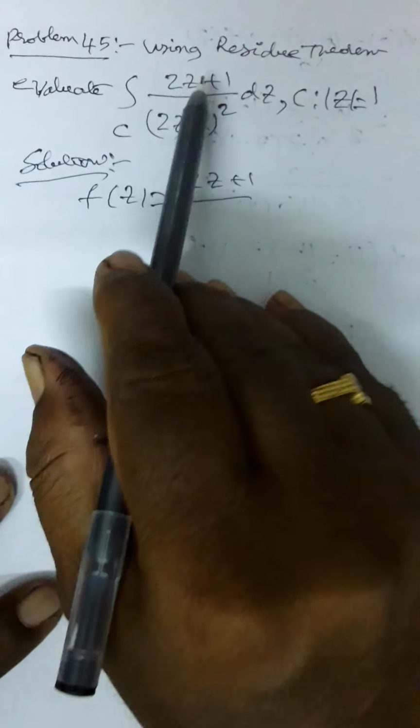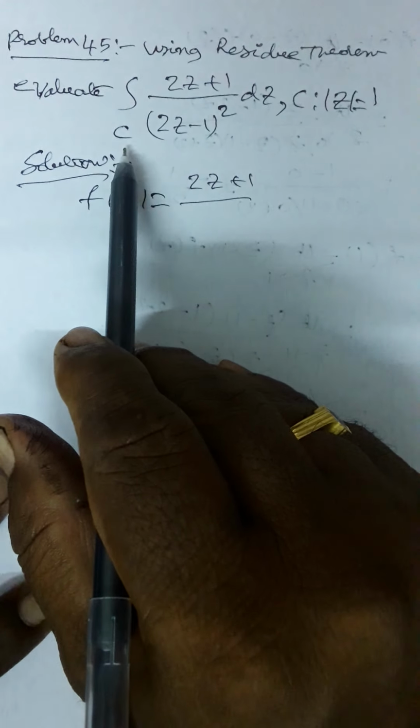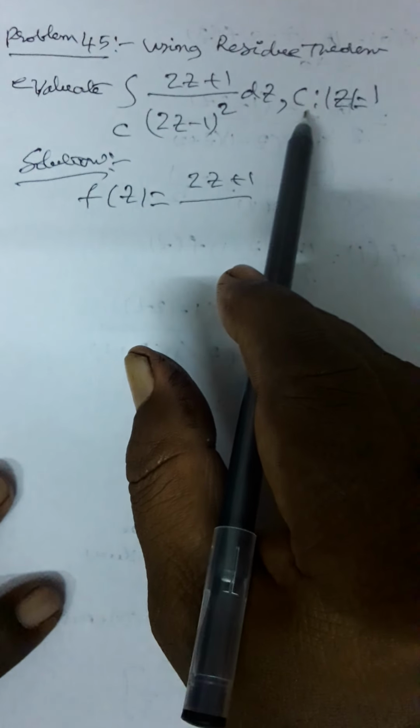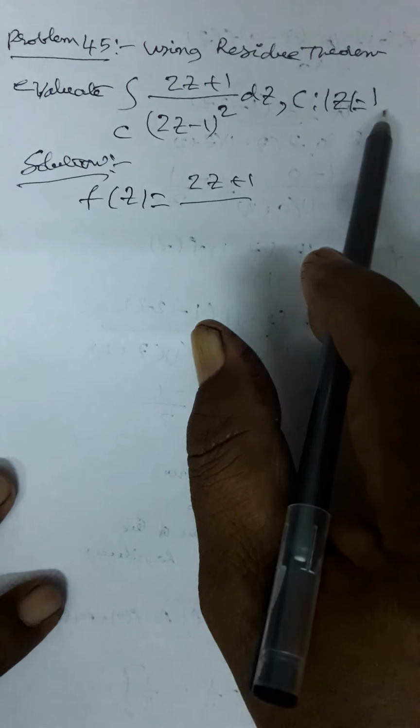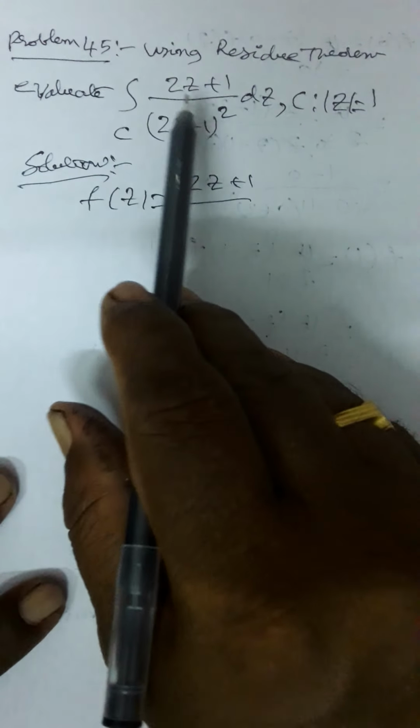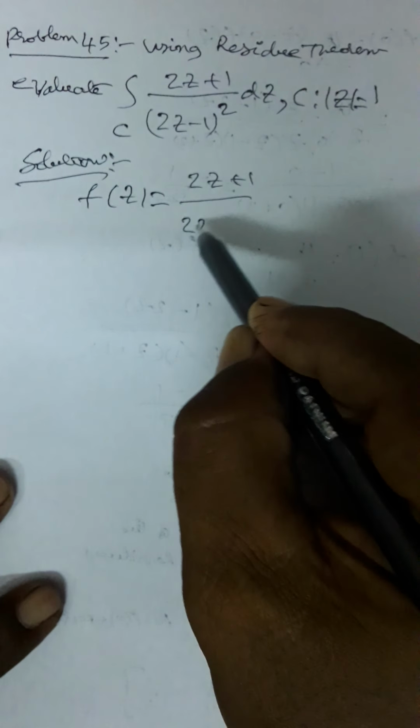Problem 45. Using residue theorem, evaluate the integral over C of (2z plus 1) by (2z minus 1) whole square dz, C such that mod z is equal to 1. Solution. Consider your f of z is (2z plus 1) by (2z minus 1) whole square.